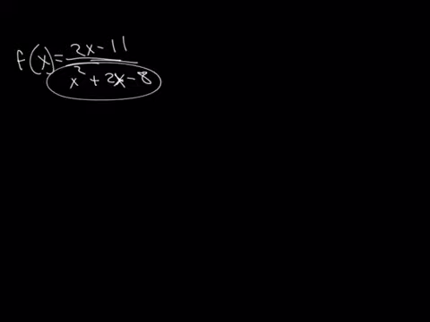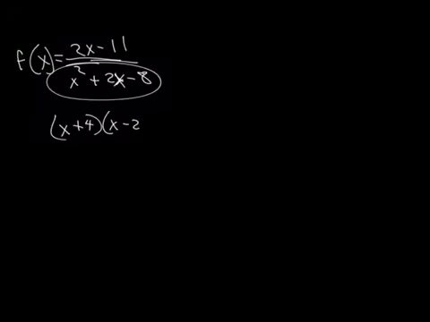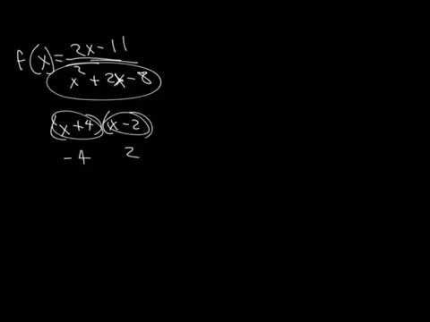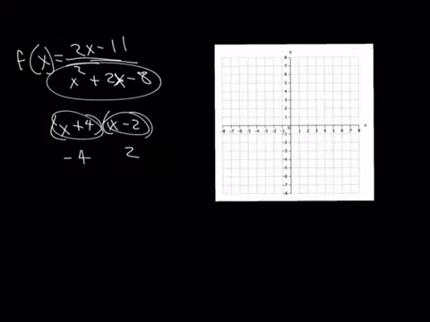So that's all we're really going to focus on there. We're going to factor that denominator into x plus 4 and x minus 2, and therefore we have two vertical asymptotes, negative 4 and 2. What makes this 0? What makes this 0? So when we have the graph, we have a vertical asymptote at negative 4 and one at 2. So whatever makes the denominator 0 is my vertical asymptote.